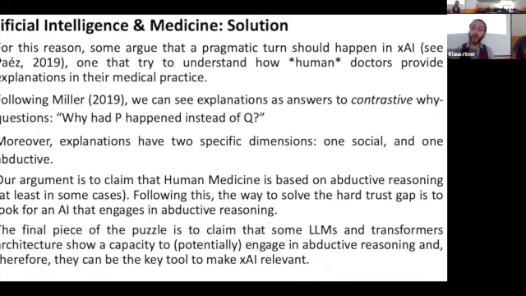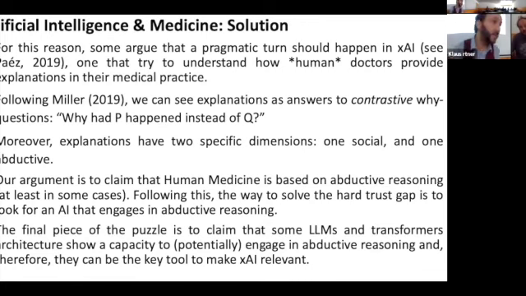We also know that explanations have these constructive why questions, right? So they are not just descriptive, but they also answer the following structure: why P instead of Q, right? So usually explanations in the medical field have this constructive why question structure.